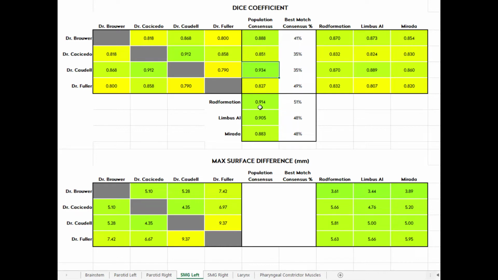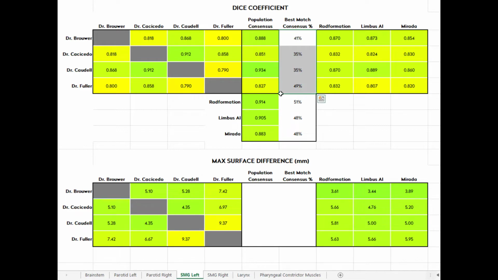Then the numbers we got in 3 of the interviews with the AI vendors, they all had very high matching numbers with population consensus. Now, we should pay attention to these numbers too, because it's not like they were all matching the exact same ISO agreement line. But here we ranged a good match everywhere from 35 to 49%.